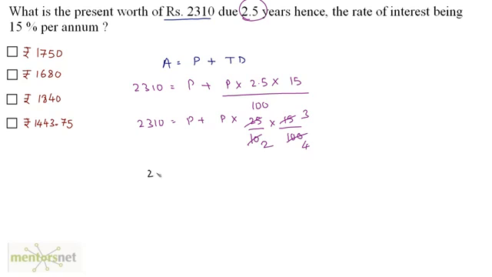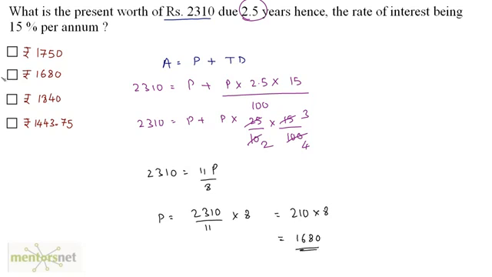So I have 2310 is equal to 8P plus 3P, that's 11P by 8. Right, so P is equal to 2310 divided by 11 times 8. 2310 divided by 11 gives you 210, times 8, and that is equal to 1680.